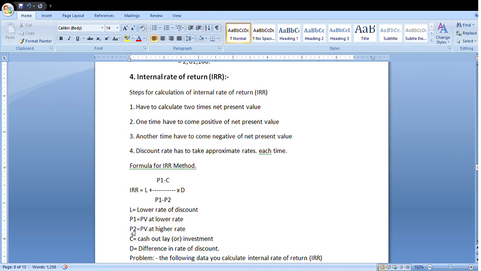One time at the lower rate, another time at the higher rate. The present value at the lower rate is P1. The present value at the higher discount rate is P2. C is equal to the cash outlay or investment or cost of the project.